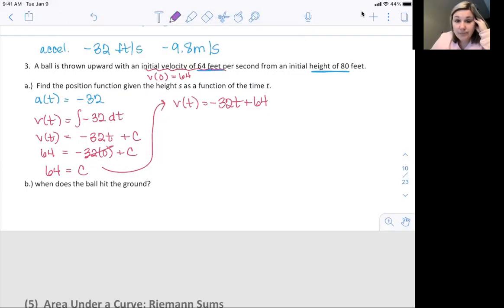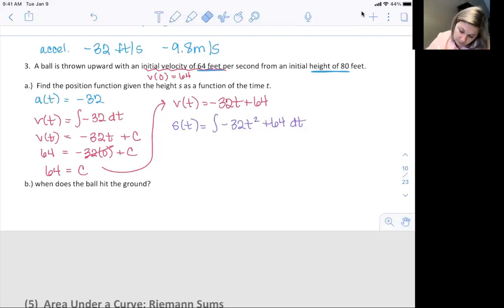Any questions on that? Now, to get from velocity to position, we are ready to integrate. S of t is going to be the antiderivative of negative 32t plus 64 dt. You should see pieces of the position of a free falling object equation come out here.